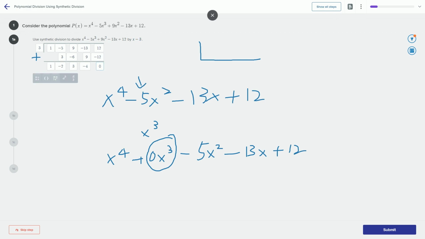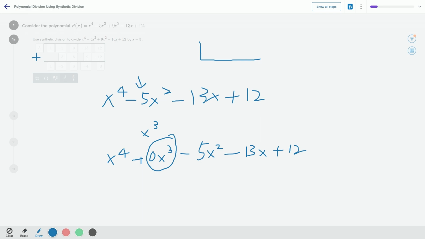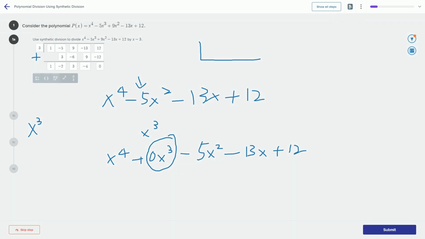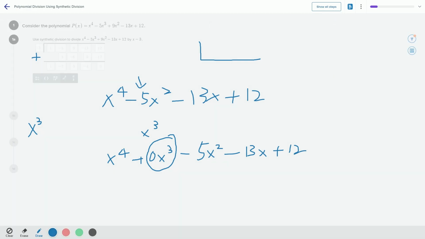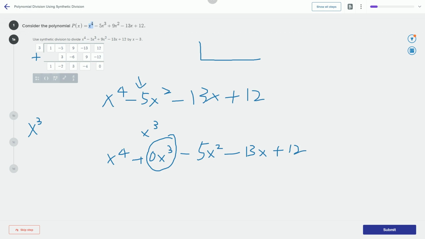Then you would rewrite the equation, so let's do this step by step. Since the first number is still 1, it's x to the power of 3. You go down a degree, because the 12 was once the constant, but now the -4 is the constant. So you go down 1 degree. It used to be x to the power of 4, so now the highest degree is going to be x to the power of 3.